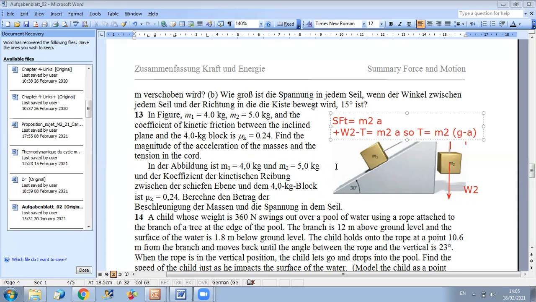Both of them give me the same result, because if I take M1, what are the forces for M1? I have the tension T and I have the friction F and I have the projection of the weight. So if we take M1, we need to take T, F and the projection of weight.